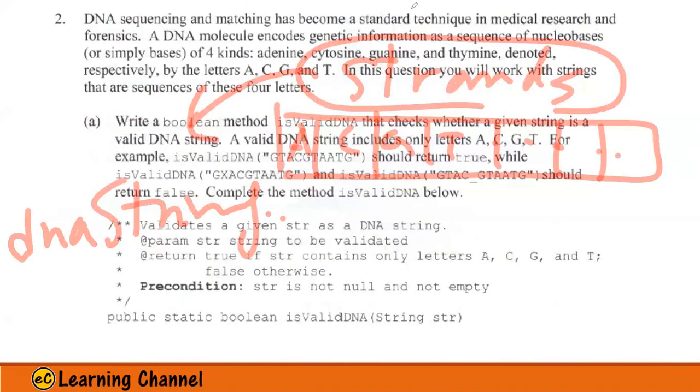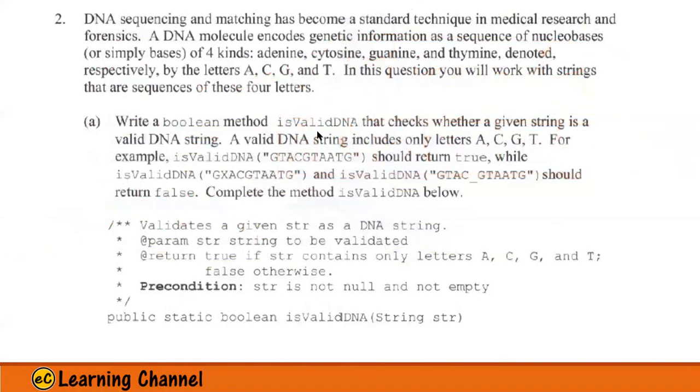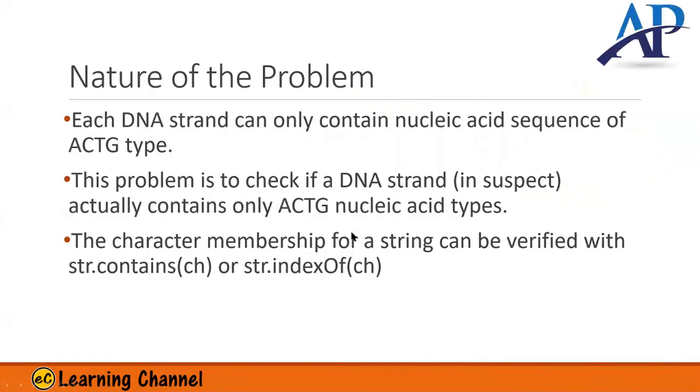Then we would like to check whether this DNA string is valid or not. It's quite simple: it can only contain A, C, G, T; even an underscore or X will not be allowed. That's not hard. You just need to traverse through the whole DNA string, and it can only contain the nucleic acid sequence of A, C, G, T types.